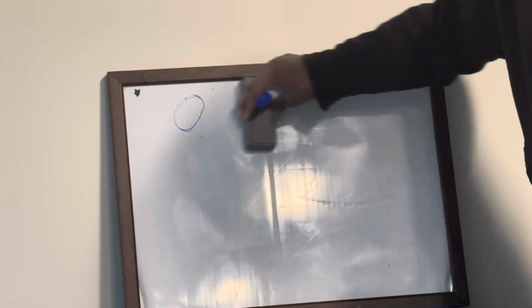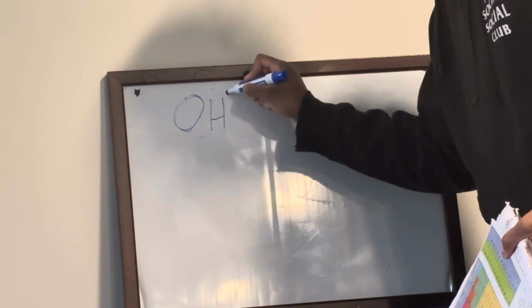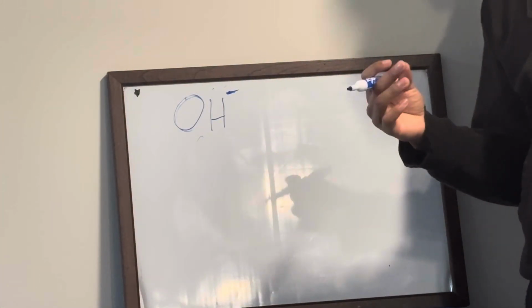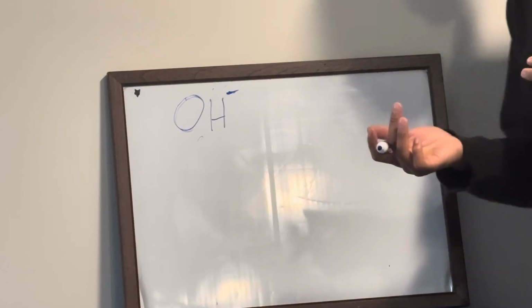Now, for drawing a Lewis structure, you would need an OH minus. Now we're gonna draw this one, okay? First things first, we are going to add up the electrons. That gives us the ability to make the structures in the first place, okay?